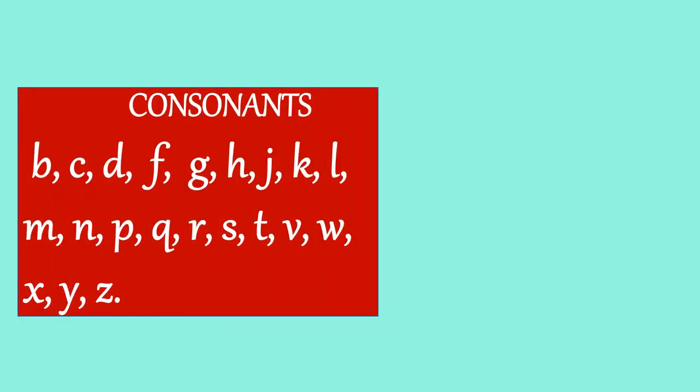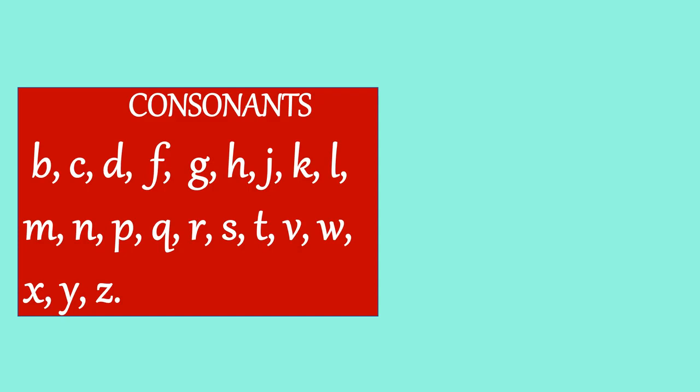Now, except these 5 vowels, that are A, E, I, O and U, other alphabets are known as consonants. For example, B, C, D, F, G, H, J, K, L, M, N, P, Q, R, S, T, V, W, X, Y, Z. These all are known as consonants.